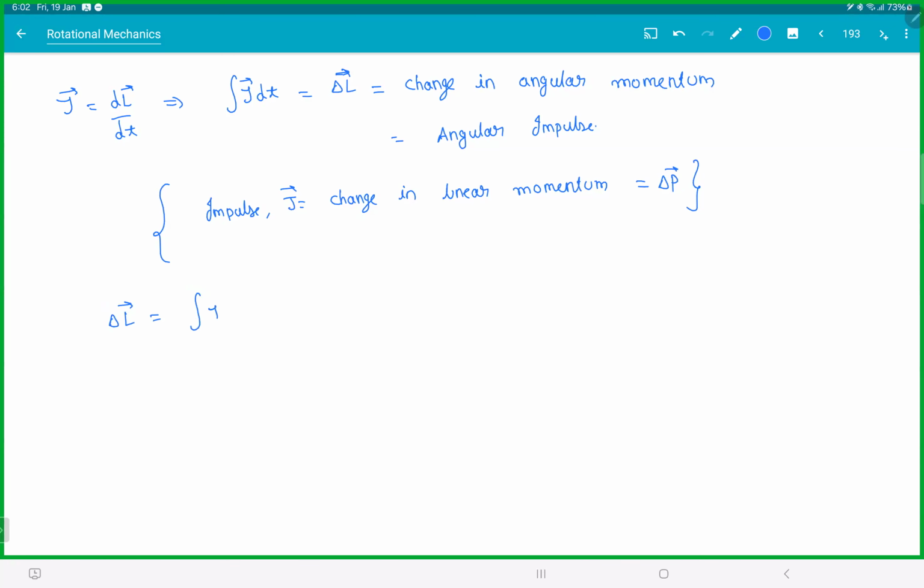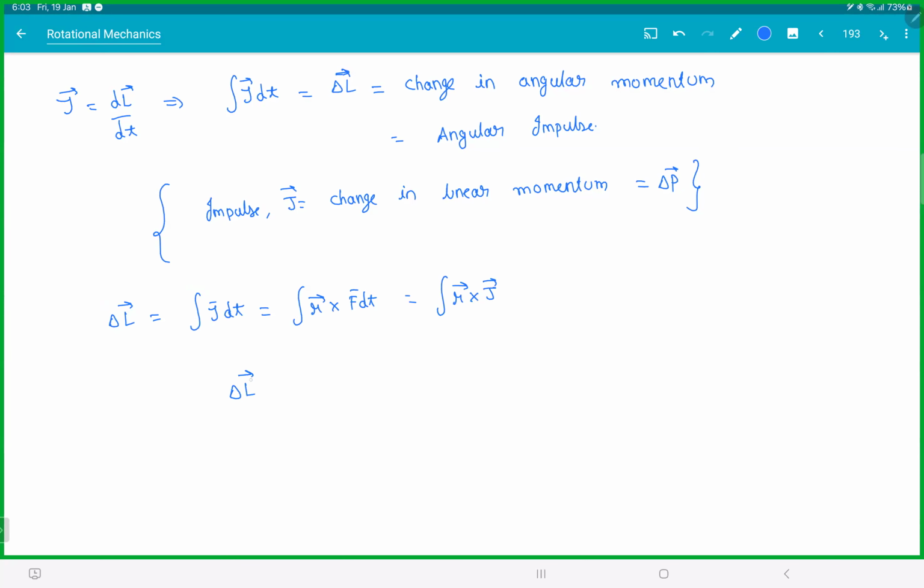So delta L bar is the integral of torque dt, and torque can be written as R bar cross F, where F dt becomes linear impulse. This is the relation between angular impulse and linear impulse: R bar cross J bar.